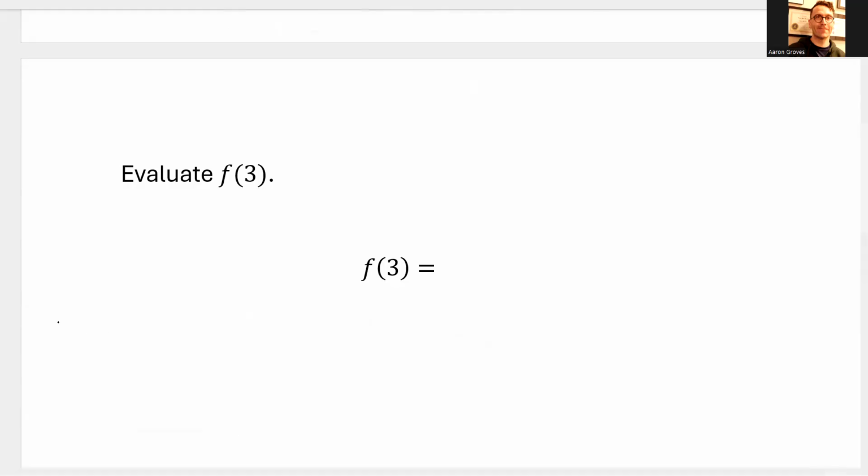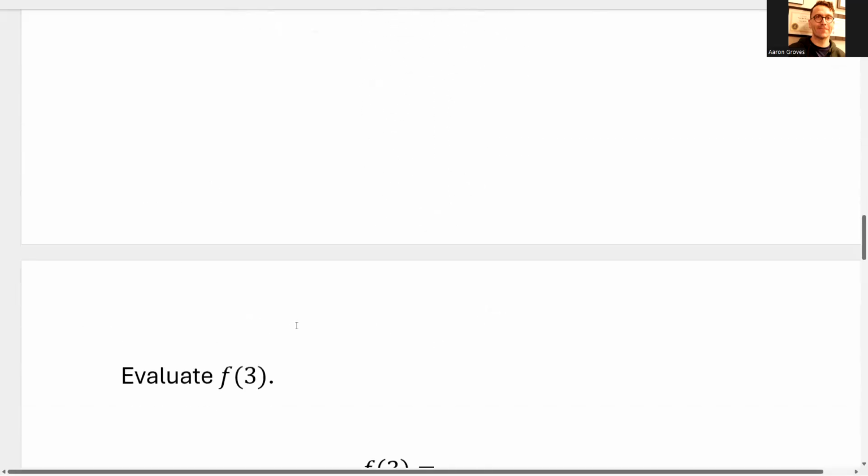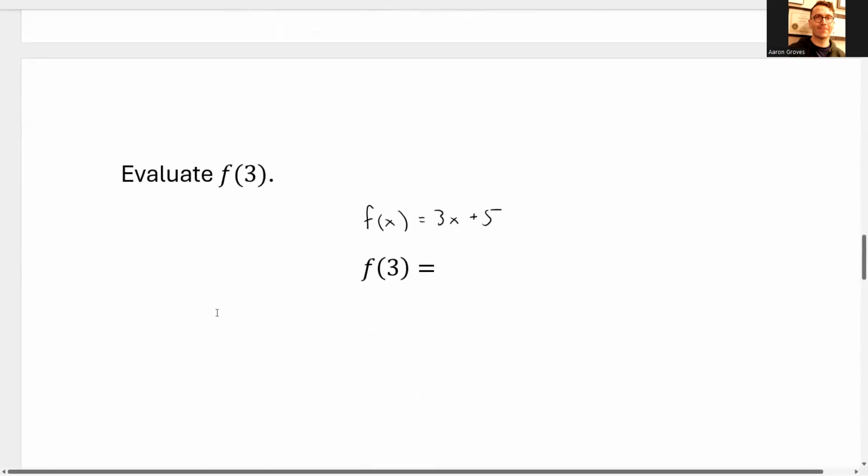Okay, so hopefully you paused this and tried it out. What I didn't bring down is the function we've been working with. And if I remember correctly, that function was 3x plus 5. Let me go ahead and double check that. Okay, so what you probably had done is to recognize that the x value that we're going to be using is inside our function notation here, right?